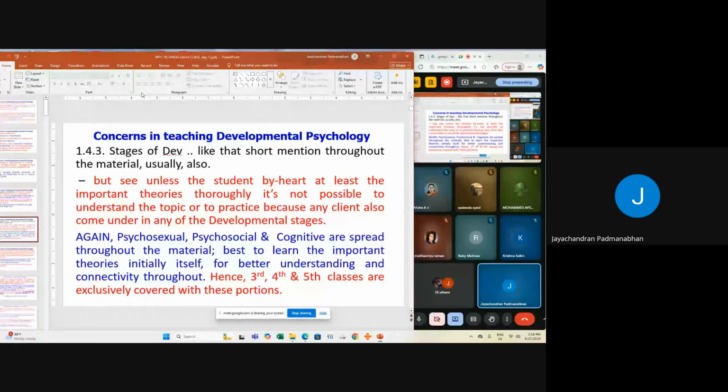Again, psychosexual, psychosocial, and cognitive theories are spread throughout the material. So it is best to learn the important theories initially for better understanding and connectivity. Hence, the third, fourth, and fifth classes are exclusively covered with these portions. So don't get confused about why I am taking portions from other papers, or why I am taking the last portion first. This is only to make you understand.